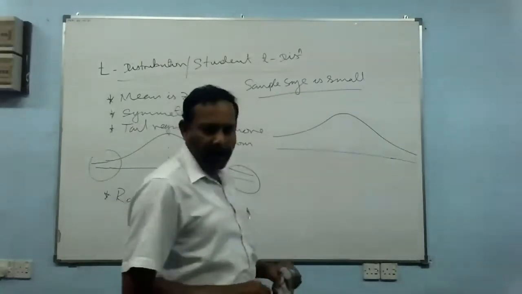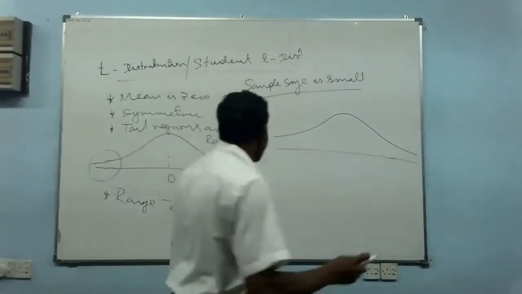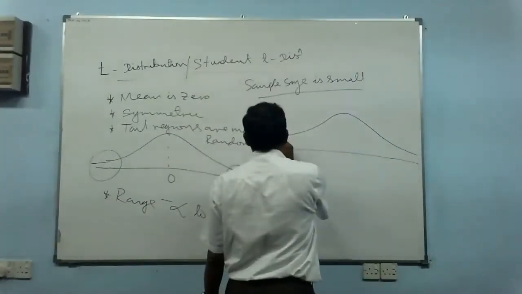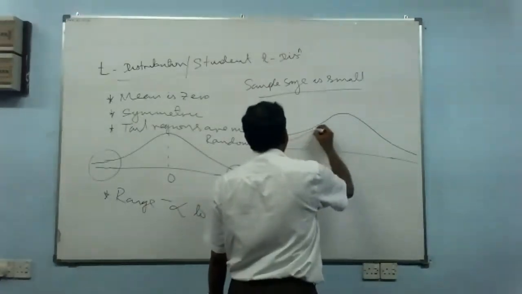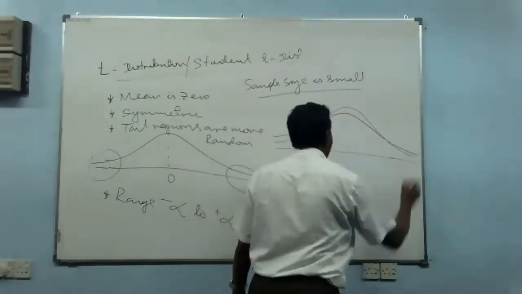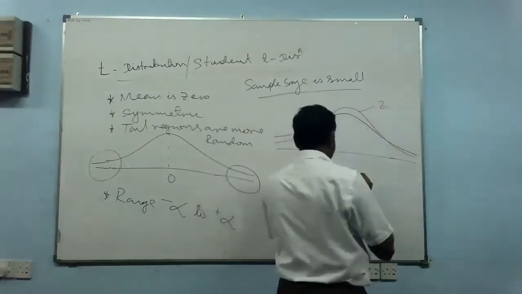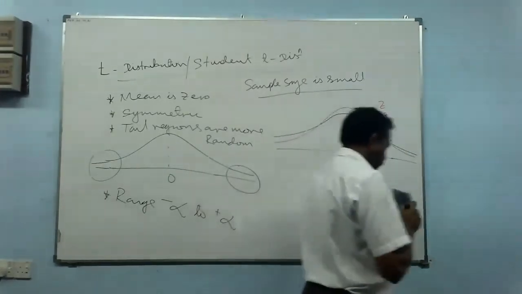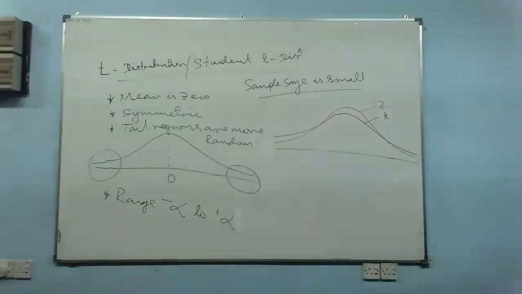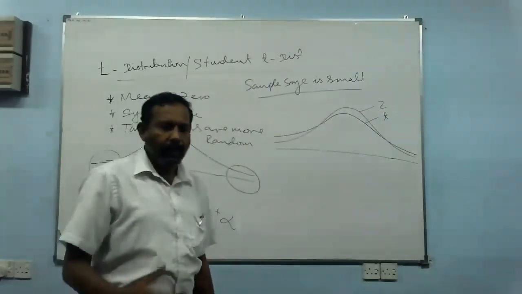This is a Z distribution, and this is a T distribution. Z distribution is something like this. Z distribution and T distribution.